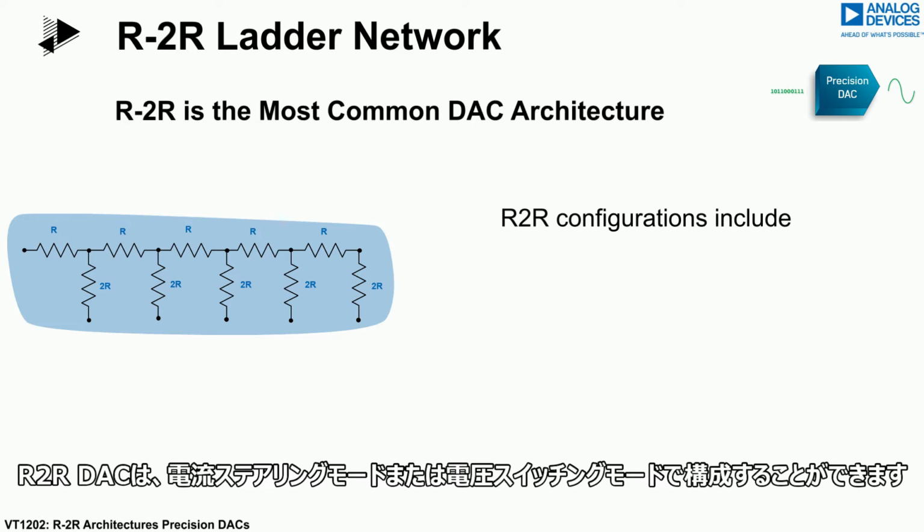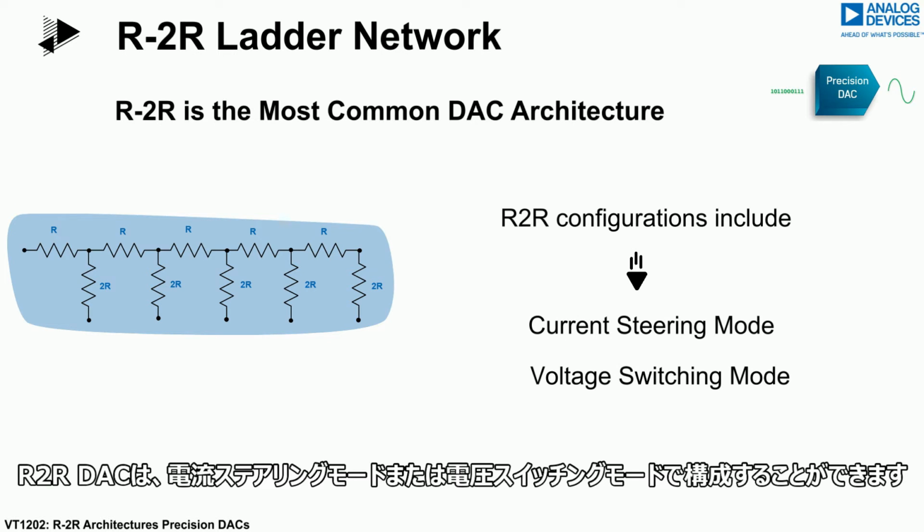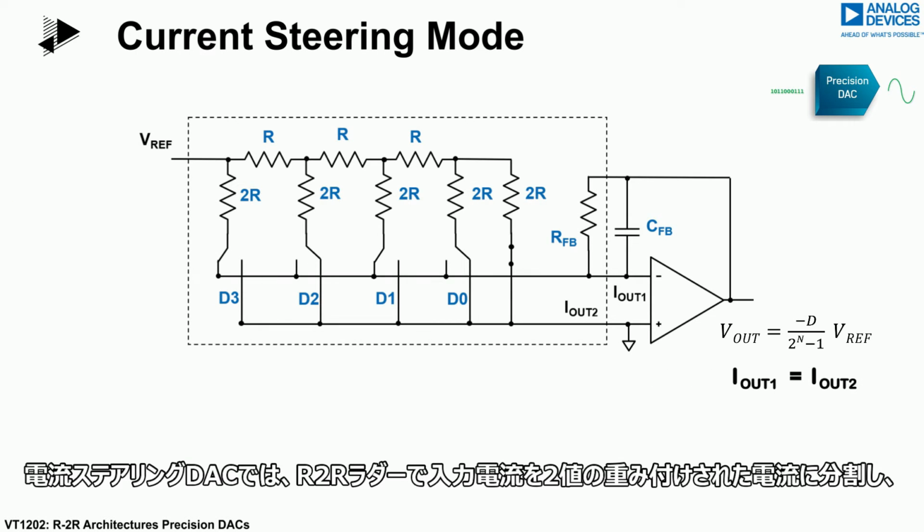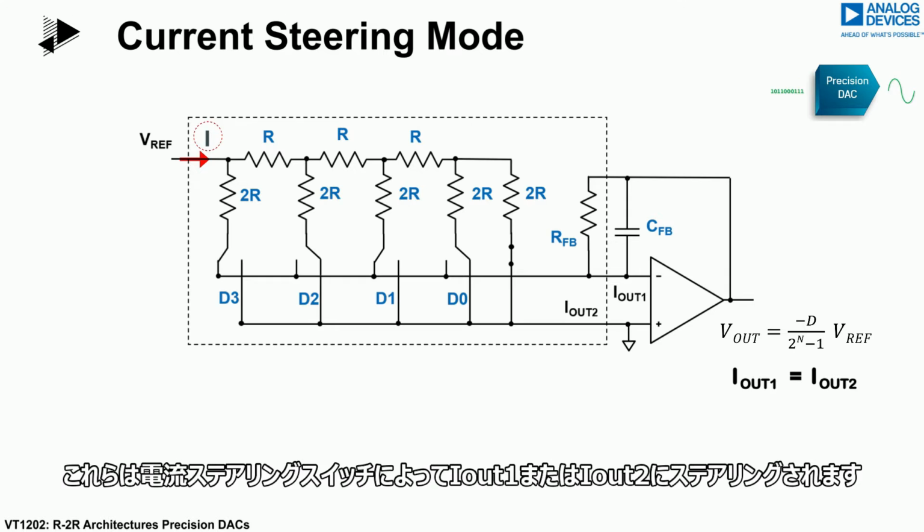R-2R DACs can be configured in current steering mode or voltage switching mode. In a current steering DAC, the R-2R ladder divides the input current into binary weighted currents. These are steered to I-out1 or I-out2 by current steering switches.